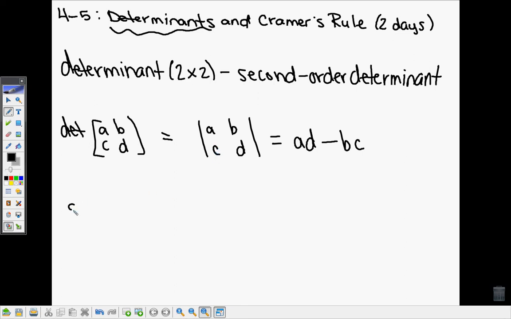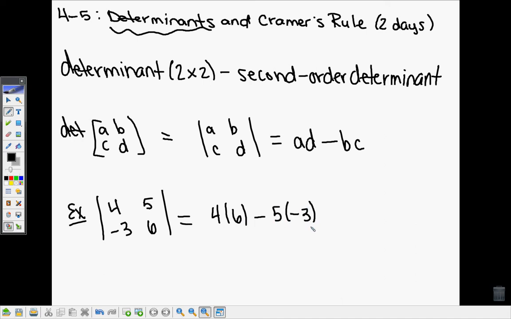So for example, if we have this determinant, 4, -3, 5, and 6, you're going to take 4 times 6 minus 5 times -3. So what is 4 times 6? 24 minus 5 times -3, and you're going to get 39. So your final answer here is 39.